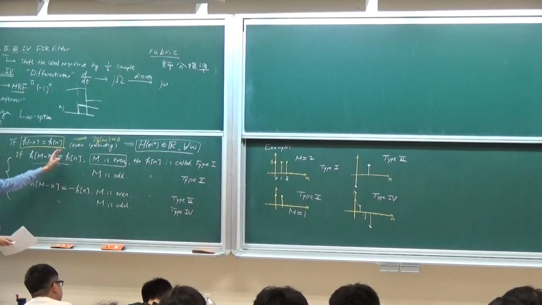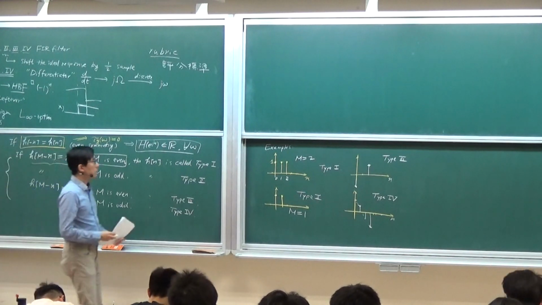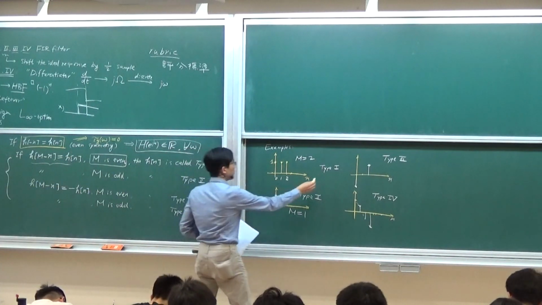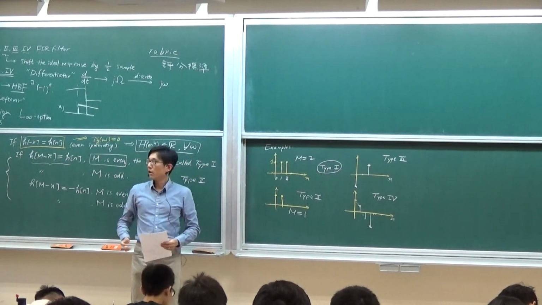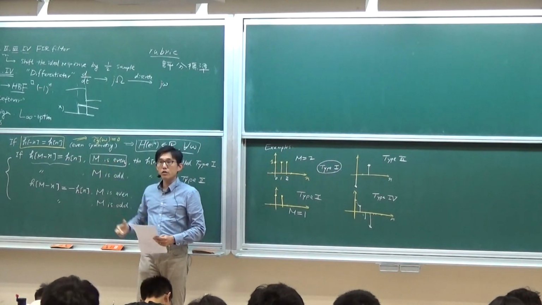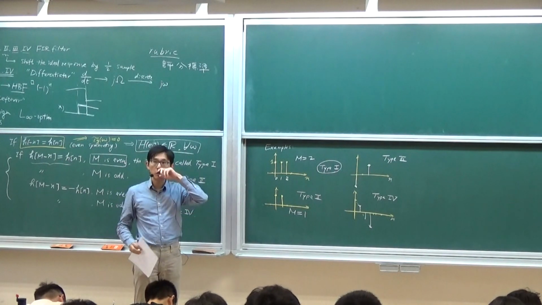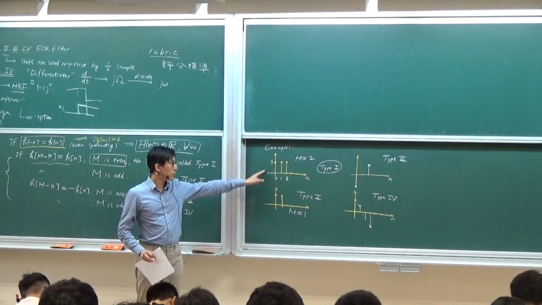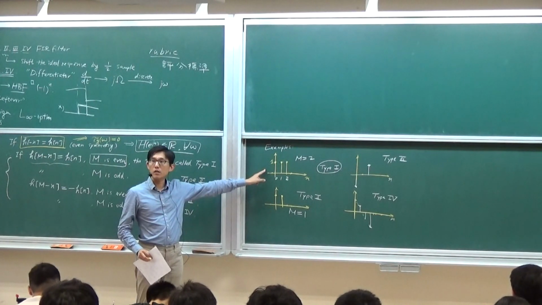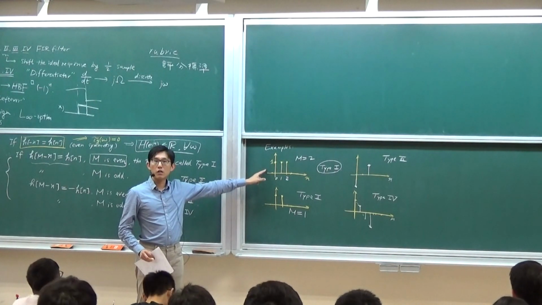Okay, so from here, let me say that any type 1 filter basically would be a zero phase filter shifted to the right by n divided by 2. Let me say that again. For example, this is n equals 2.